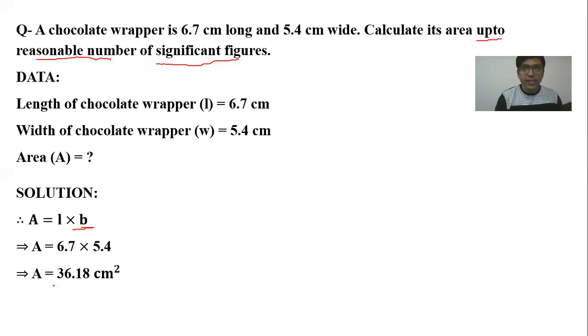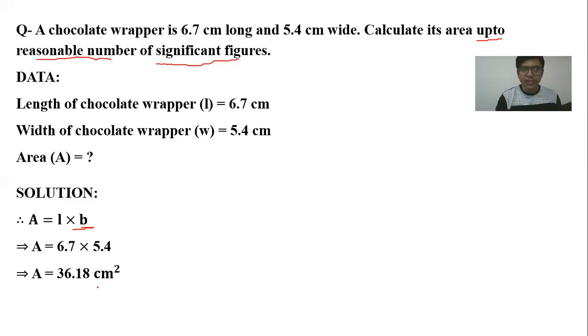As they have told us to find the area up to a reasonable number of significant figures, we have to round it off to two significant figures, because the data has been given in two significant figures. While rounding off, you have to remember its rules.